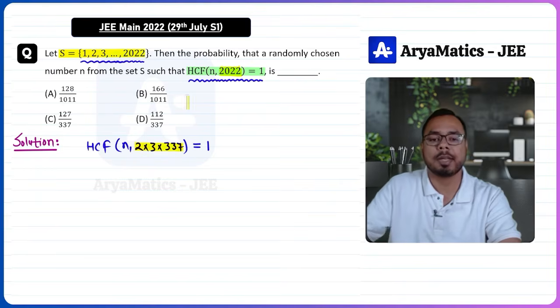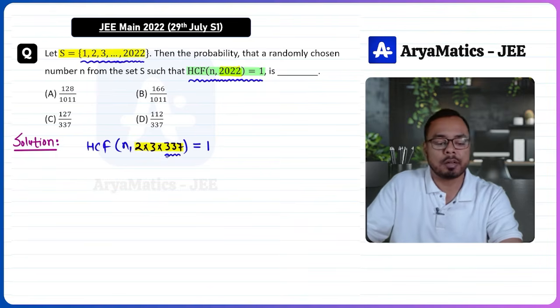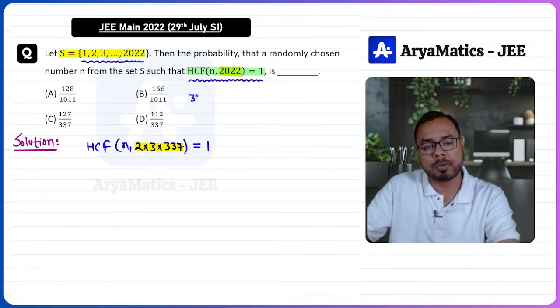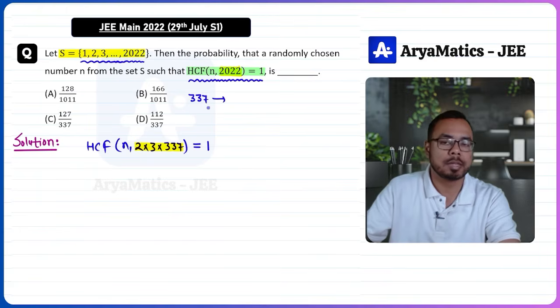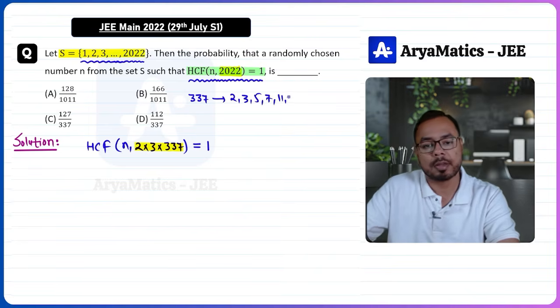Also remember 337 is a prime number. If I have to check whether 337 is prime, I can check up to its approximate square root. For example, 19 squared is 361. So you can check whether it is a multiple of 2, 3, 5, 7, 11, 13, 17, up to 19.